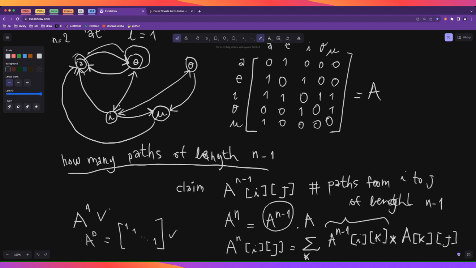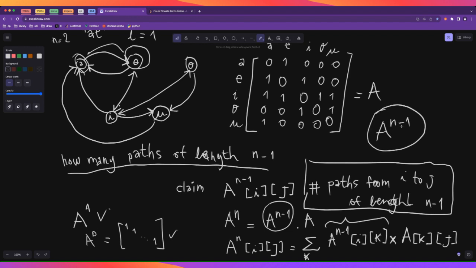And when we multiply, we get the paths from I to J of length n. So that's why this is true, and that's how we are going to solve this. Our problem boils down to computing this, and this is going to give us all the combinations.